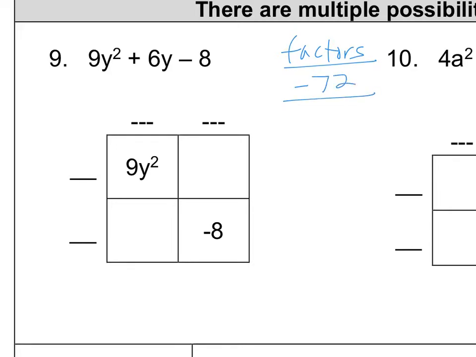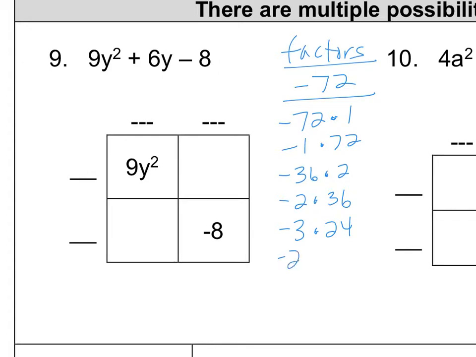So I can just go ahead and start with negative 72 times 1 and negative 1 times 72, negative 36 times 2, negative 2 times 36, negative 3 times 24, negative 24 times 3. Let's see, we've also got 12, negative 12 times 6, negative 6 times 12.